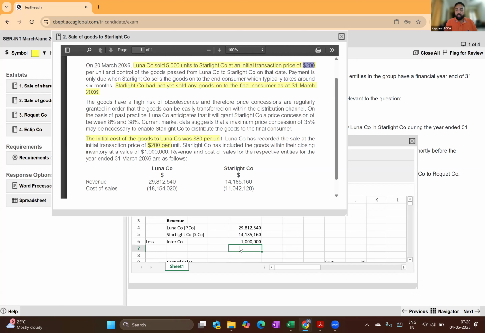It should be deducted. Now, the consolidated revenue will be parent company revenue 29,812,540, subsidiary company revenue 14,185,160, minus 1 million intercompany sale. So consolidated revenue will be 42,997,700.